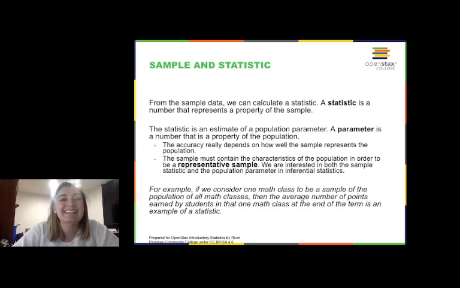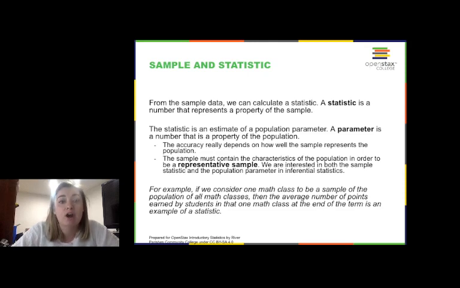The statistic is an estimate of a population parameter. A parameter is a number that is a property of the population. So the parameter is basically saying what is going to make this subset eligible to be within our population.